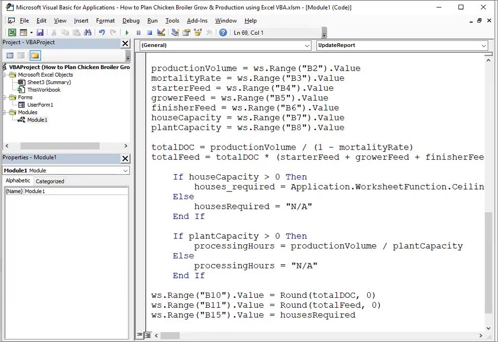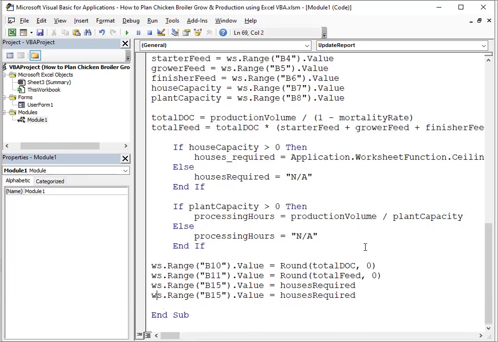Then the next one would be on B16. I'm gonna copy this, Control V. Then this would be row 16, column B, 16th row. .Value, and this would be processing hours.